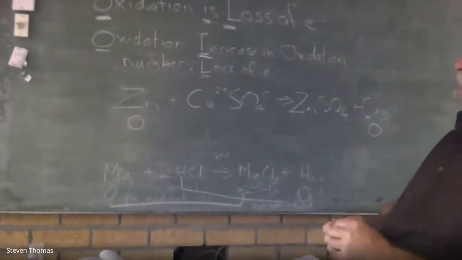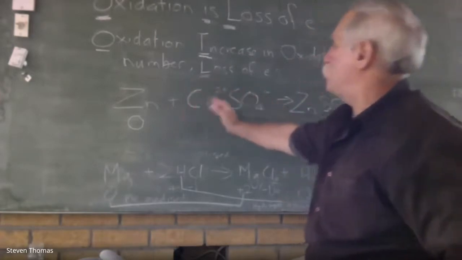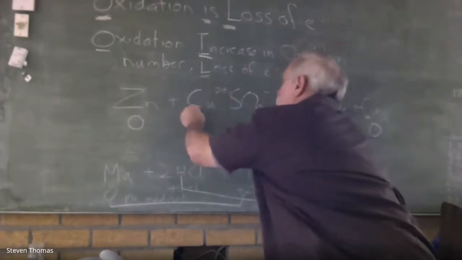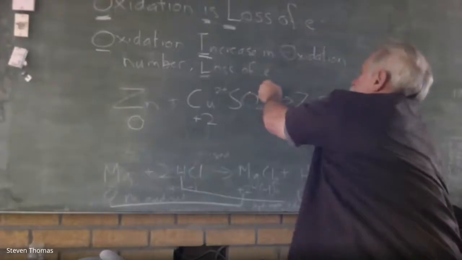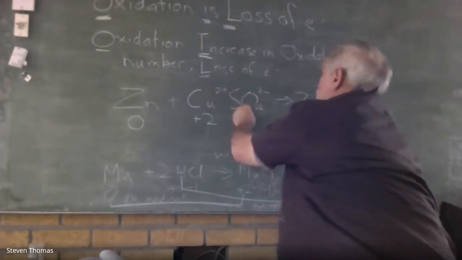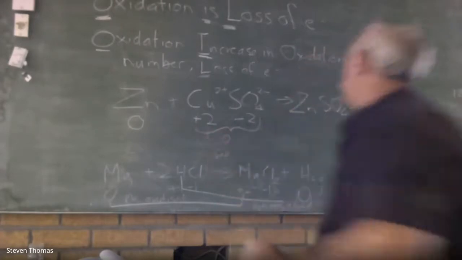Now, if something is an ion, like the Cu2+ ion, it's got an oxidation number equal to its ion, so that is +2. This is SO4 2-, so this has got an oxidation number of -2. Together they form a neutral thing of 0.